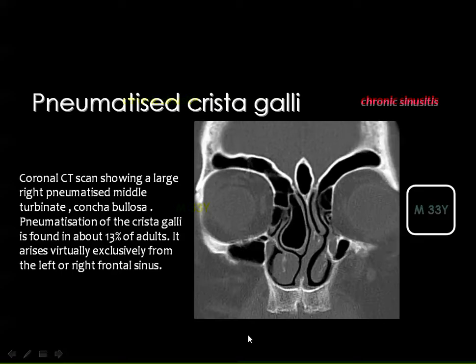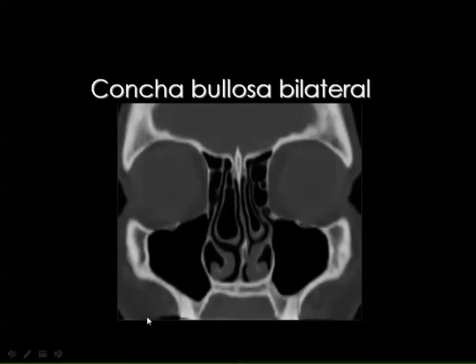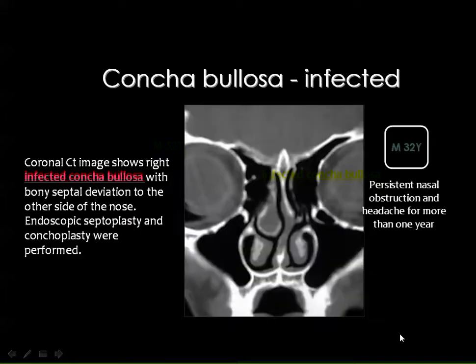And this is an example of pneumatization of the crista galli and pneumatization of the middle concha on the right side with marked deviation of the nasal septum to the left side. And this is an example of bilateral pneumatized concha bullosa, a smaller one on the left and the sizable one on the right side.